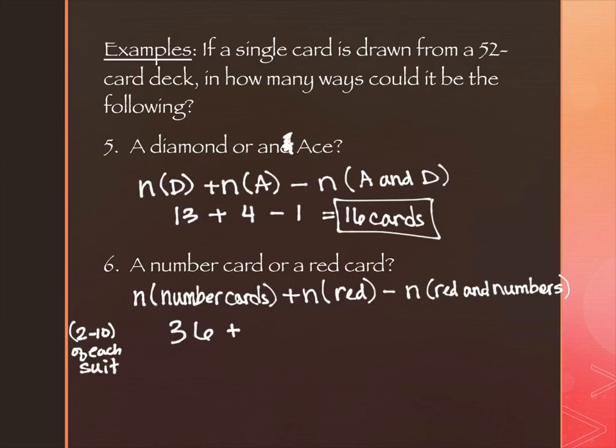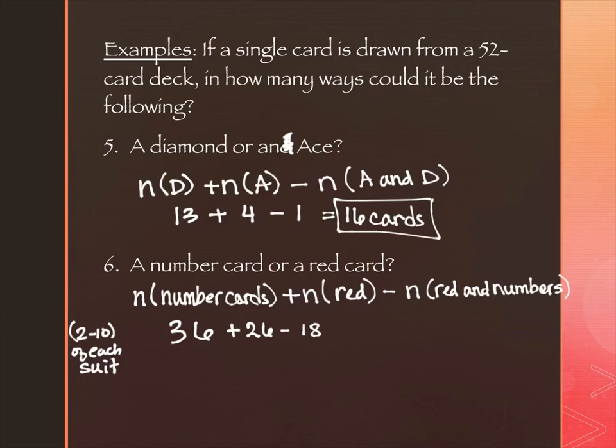How many red cards are there? 26. There's 13 hearts and 13 diamonds, so there's 26 red cards total. How many cards are both red cards and number cards? 18. So how did we get 18? 9 plus 9.